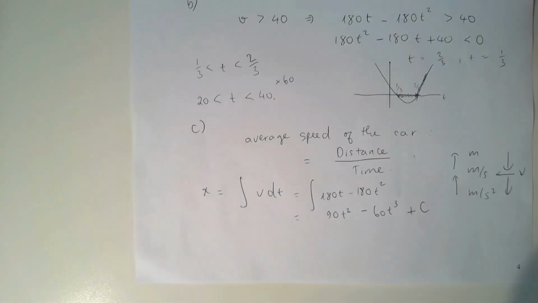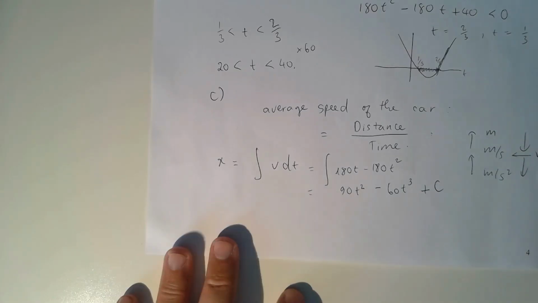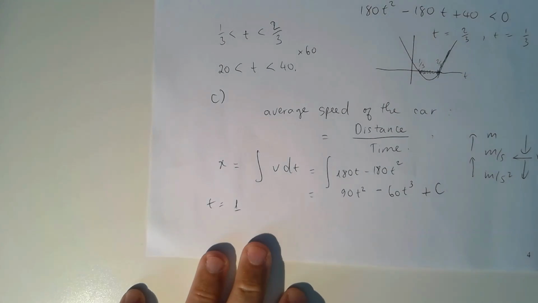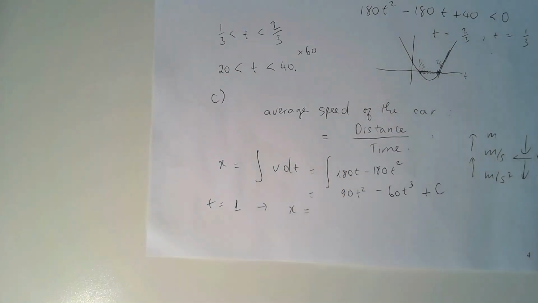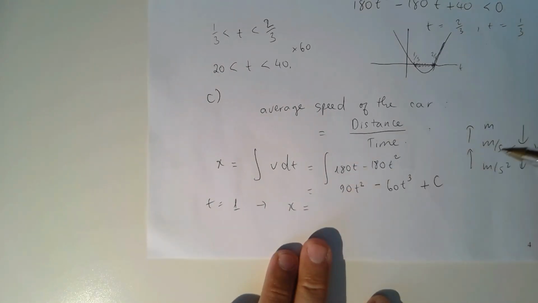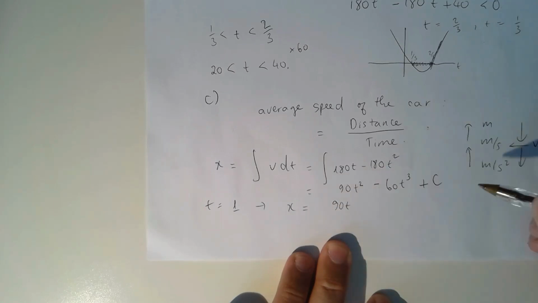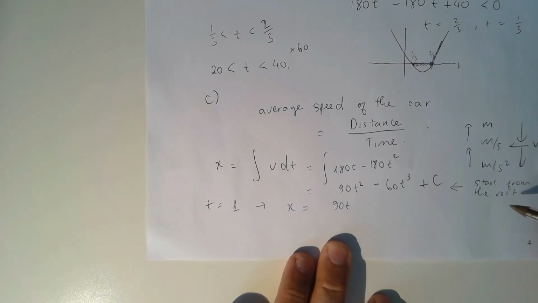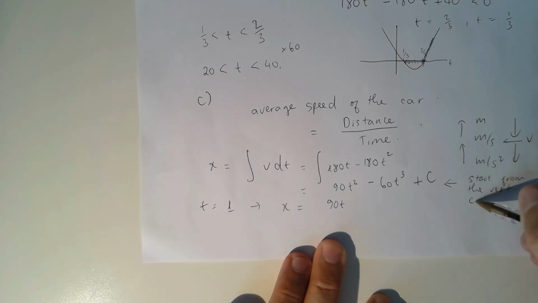Okay, now after that, t equals 1, therefore x equals 90. Before that, we know that it starts from rest, which means 0.